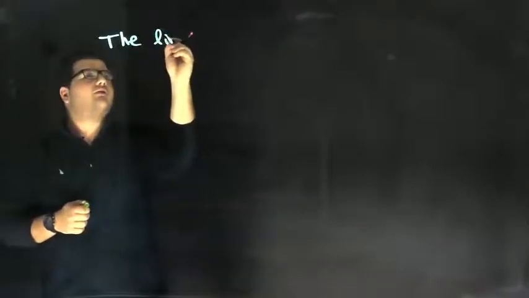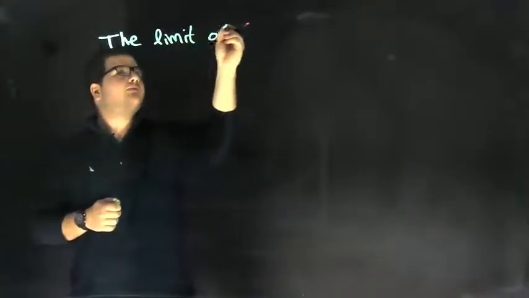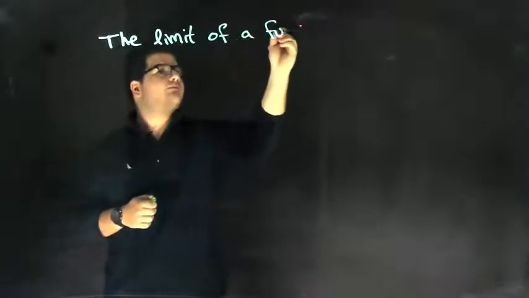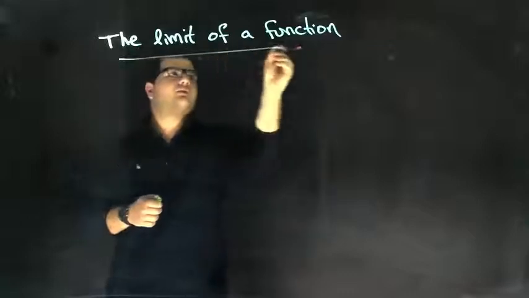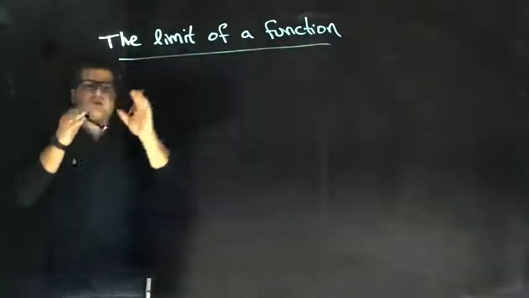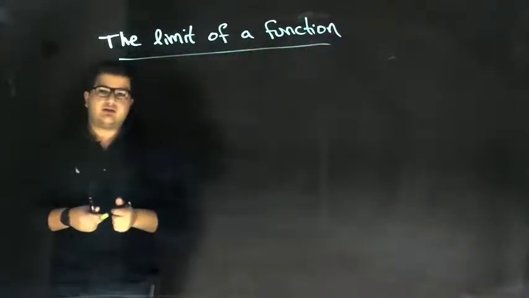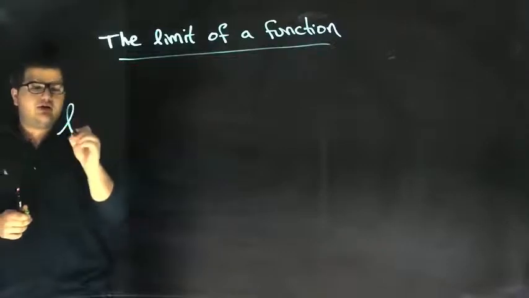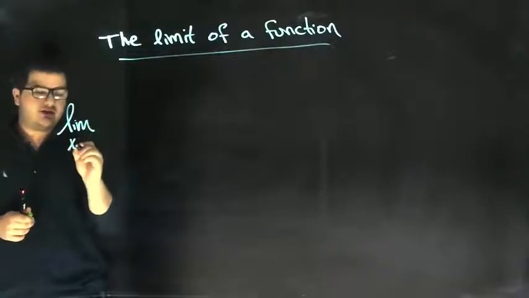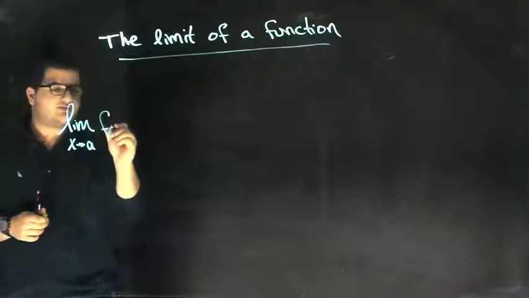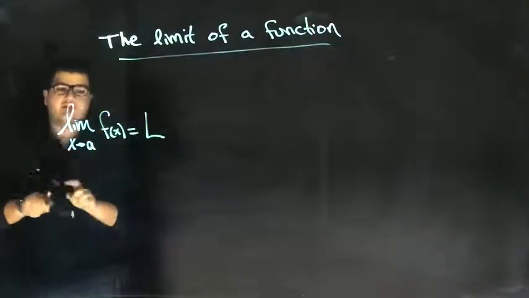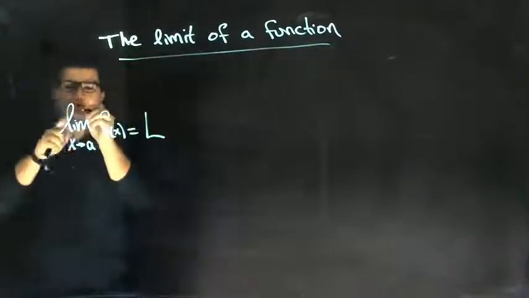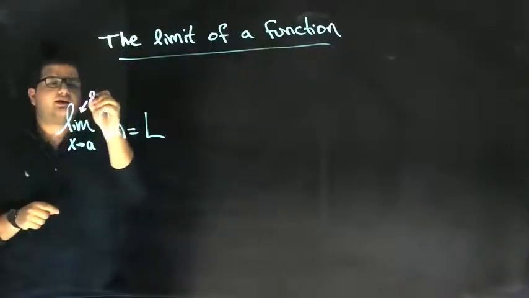So the limit of a function. When we're talking about the limit of a function, we're going to first talk about the overall notation for the limit, which is defined as this here. And there's different parts of this, where this LIM signifies the limit.